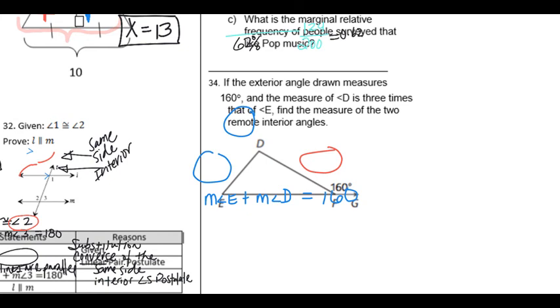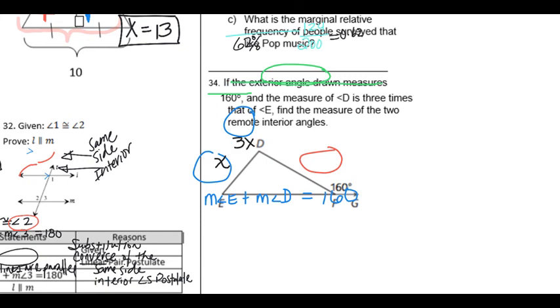In the problem, they tell us that the measurement of angle D is 3 times the measurement of angle E. So they're really telling us something about the measurement of angle D, but they're telling us nothing about the measurement of angle E. That makes our measurement of angle E our x. And what we know about D is that it is 3 times whatever E is. And E is x now, so it's 3 times x.